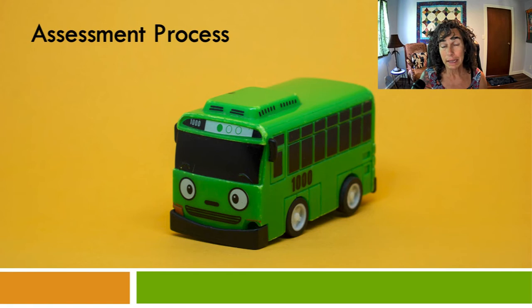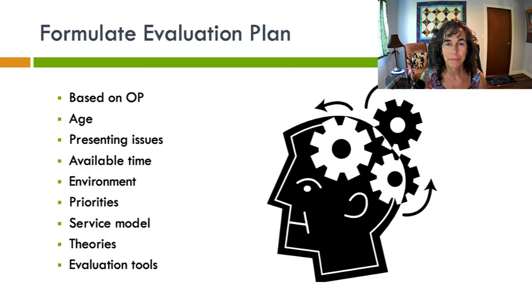Let's look at the assessment process. We first formulate an evaluation plan. It's based on the occupational profile and a number of other criteria: age, presenting issues, available time that we have to do the evaluation process, and different organizations will authorize different amounts of time to do and write up and present the findings.